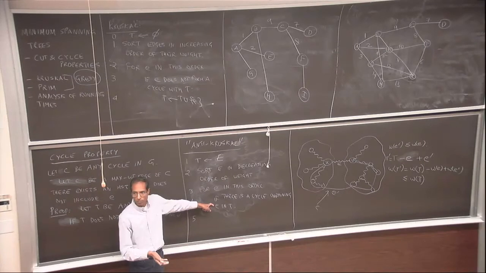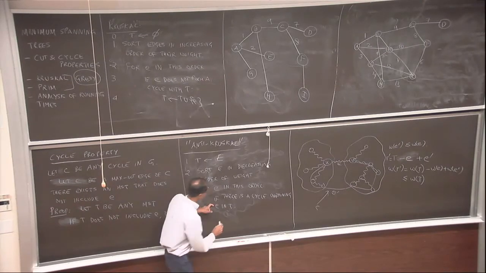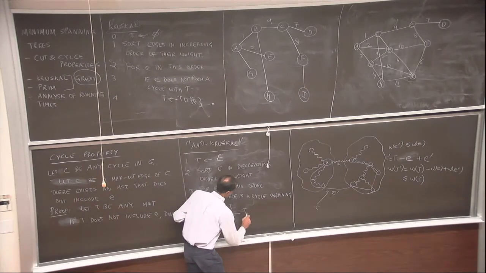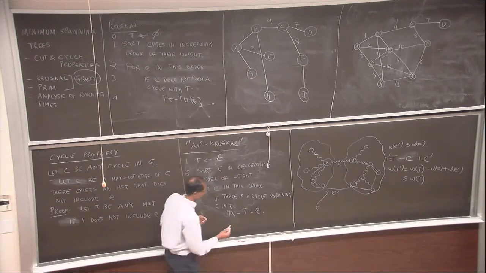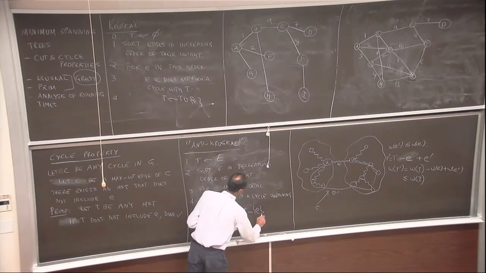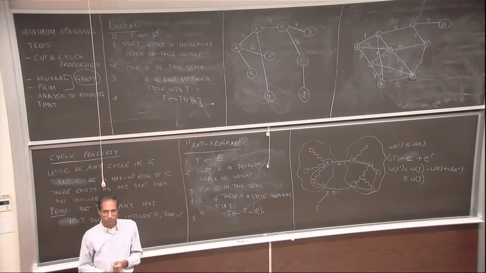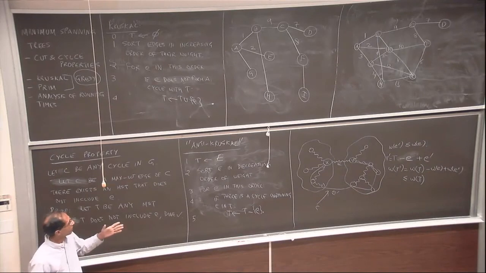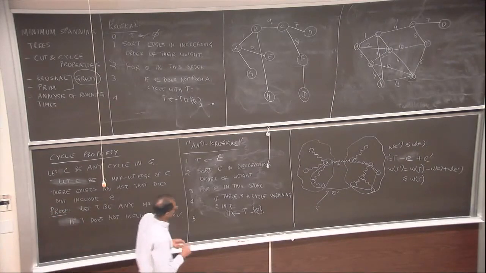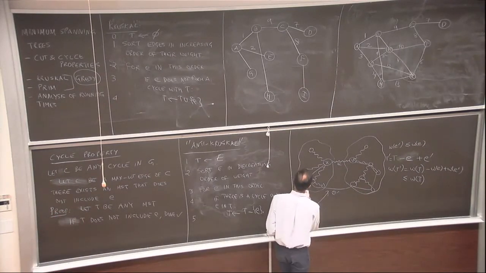We remove it from T. So T becomes T minus E. Okay? Let's just run it on our example graph.